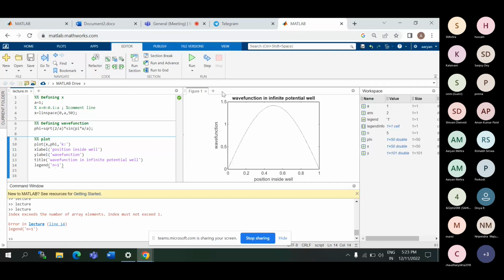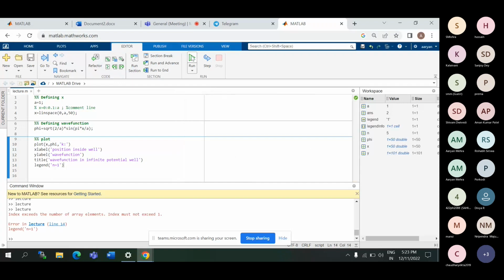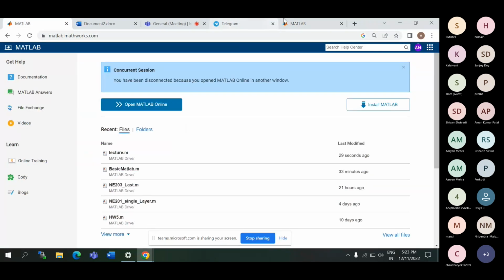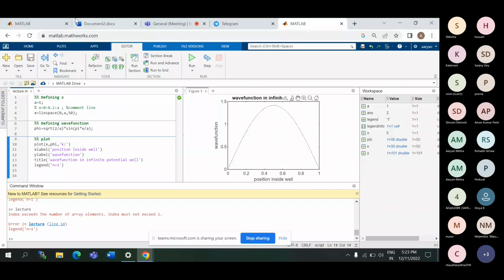Let me see what is going on. Let's run. Legend, it should run, right? Hmm. Title is here.